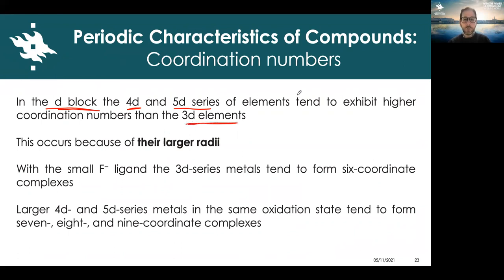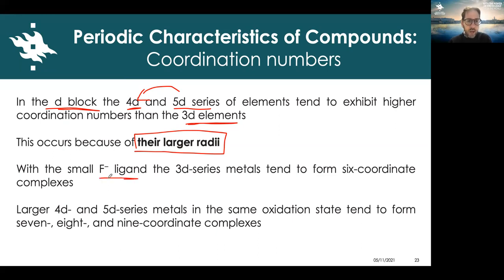So when we go down in the D block, elements tend to have higher coordination numbers, and this also occurs because of their larger size, right? And also remember that the elements of the 5D series have similar sizes relative to the 4D series as a result of the lanthanoid contraction that we covered in the first lecture.